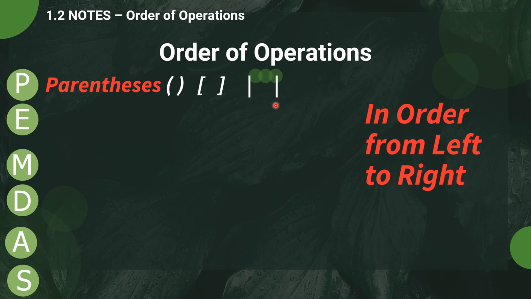So that can sometimes be seen as parentheses. Also, the numerator or the denominator of a fraction can also be considered to be seen kind of like a parentheses, and we'll see an example later on in our lesson where that is the case.